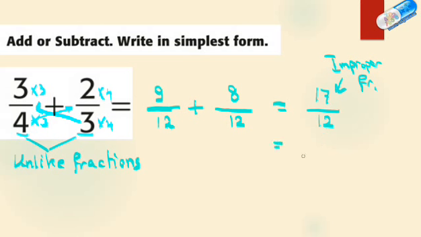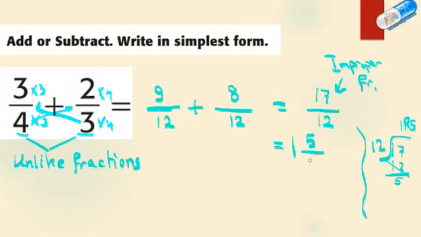So in this case, we should make it a mixed number. To make it a mixed number, we divide 17 by 12. 17 divided by 12 equals 1, and the remainder is 5. So we write it as 1 and 5 over 12, and this is the final result.